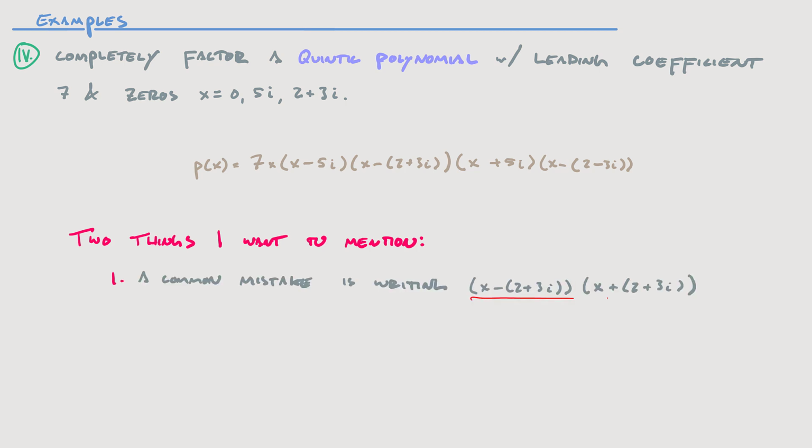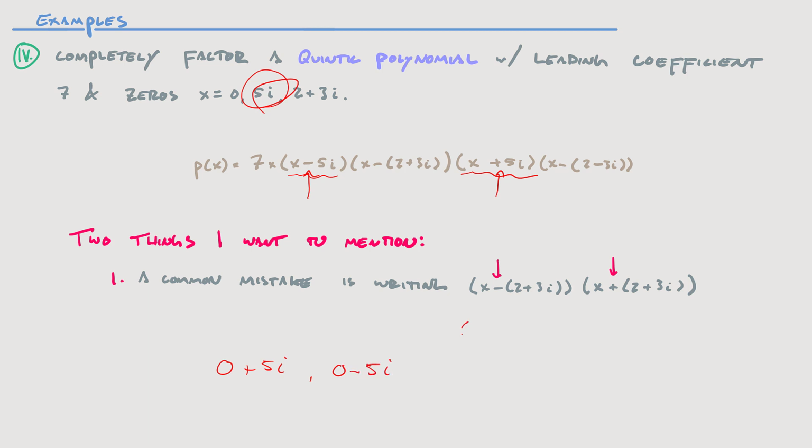And this is the common mistake. You'll have to notice that the sign I changed using this common mistake is the one right after the x. That happens here, you'll notice, because you might point to this and say, well, look, it's the thing right after x that changed here. Well, this zero is 0 plus 5i, the conjugate of which is 0 minus 5i.